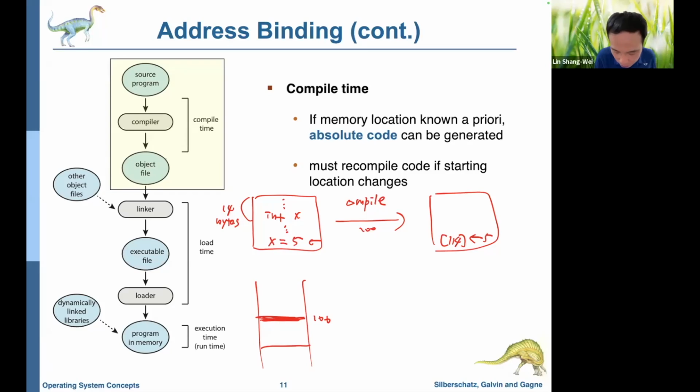So your program will be compiled in this form. This 114 is the absolute address, so we call this the absolute code. In this case, the loader can help you load your program into this address.